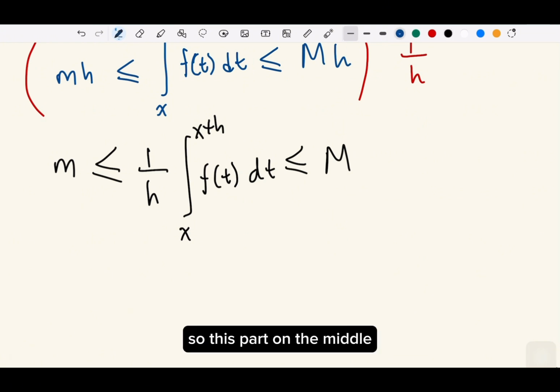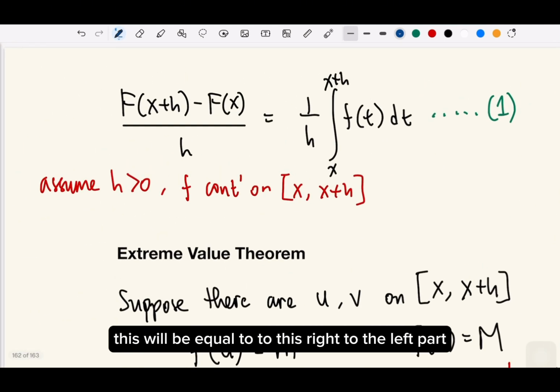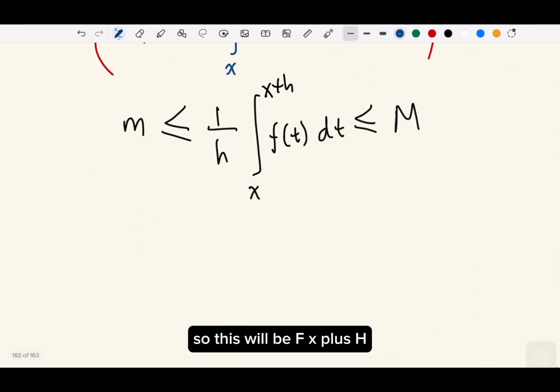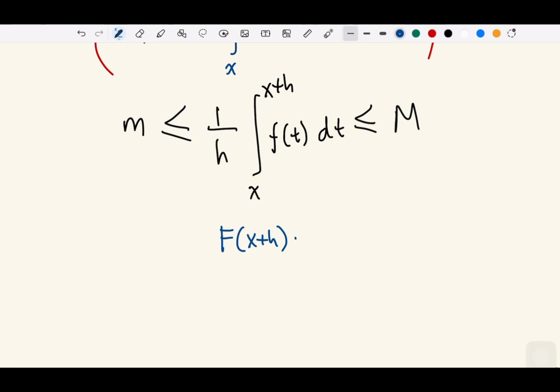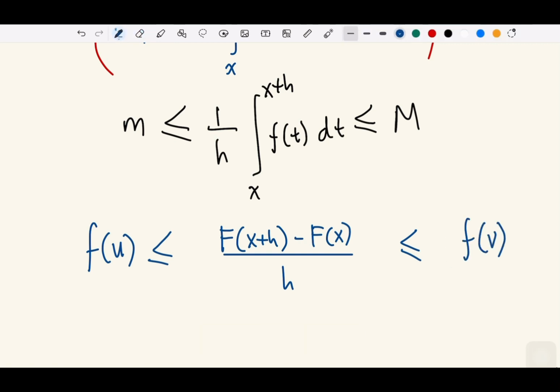This part in the middle will be equal to the left part, so this will be F(x+h) minus F(x) over h. So this is f of u, and this is f of v.